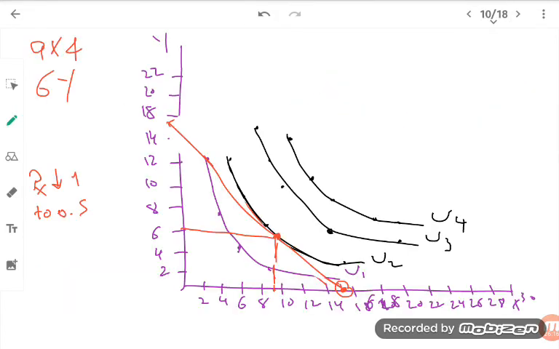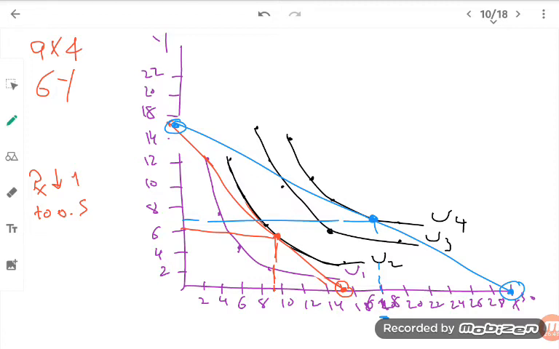So it is 0 and 30 and 0 and 15. In this case, you are going to buy 18 units of X and 6.4 units of Y.